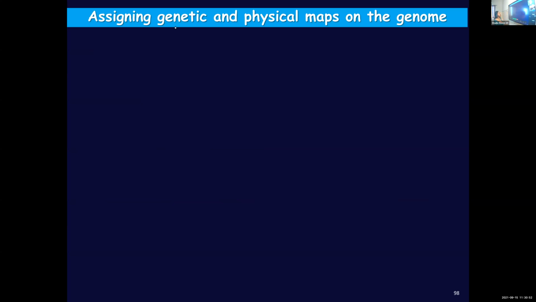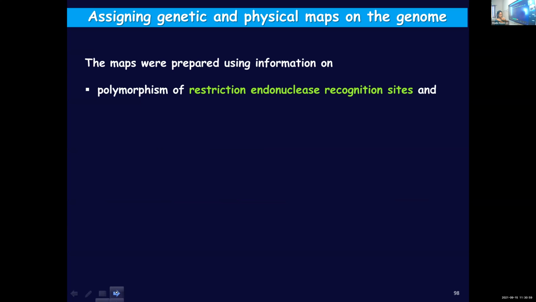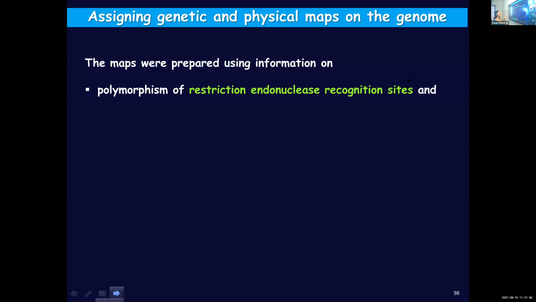Now, assigning genetic and physical maps on the genome. That was another task which the scientists had to carry out. This is given very briefly in your textbook. Another Herculean task which they had to do was to prepare physical and genetic maps on the basis of the human genome.